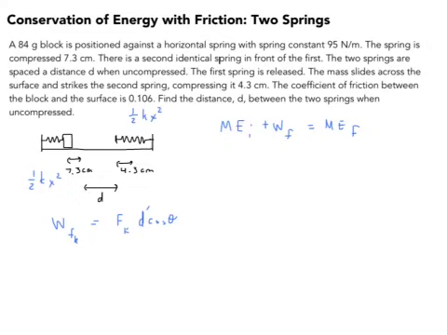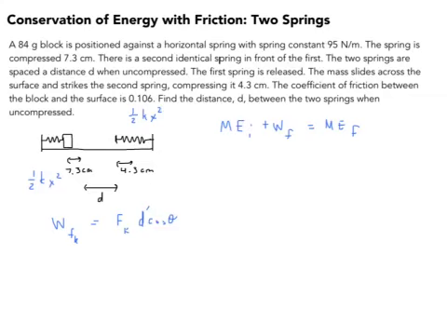Work by friction is always negative. That's because theta is always 180 for the work done by friction. Here's the reason. As this block moves forward, friction pulls it backward. In fact, friction always pulls in the exact opposite direction as the distance being traveled. So the angle between back, or to the left, and to the right is 180. And that's always true for work done by friction.